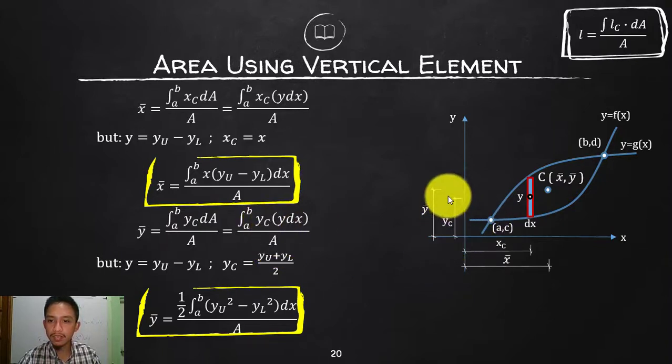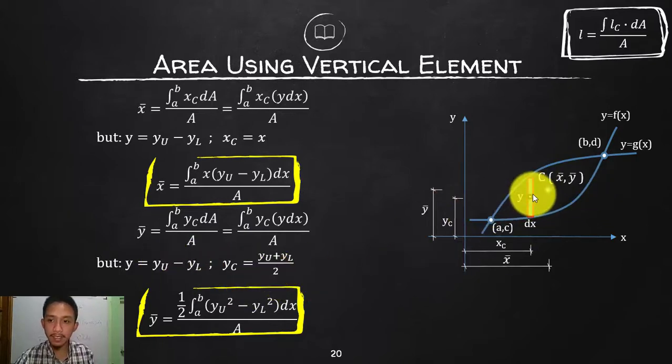Okay, so again, y sub c is the average, isn't it? Y sub c is the average, since again I cannot write that as y, since that is already there.